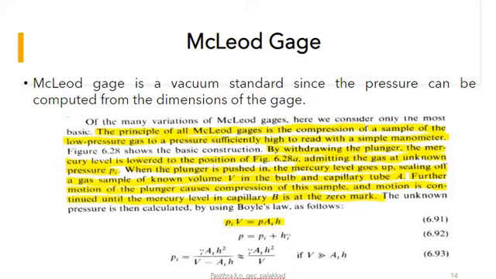Here the unknown pressure Pi is admitted to a chamber containing fixed plates. So this one and the one behind it are the fixed plates. Inside this chamber we are keeping this structure.